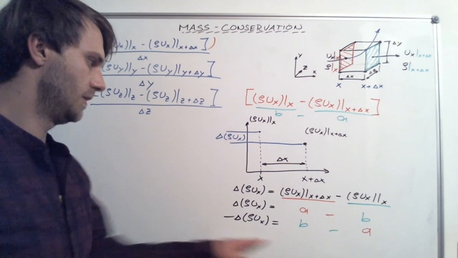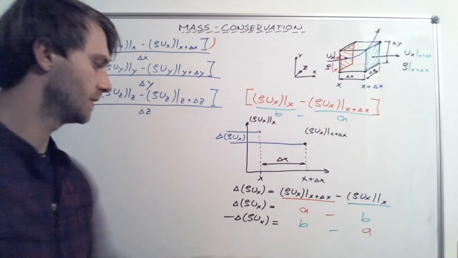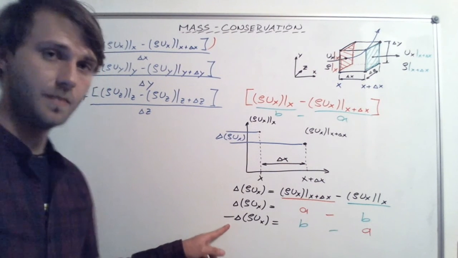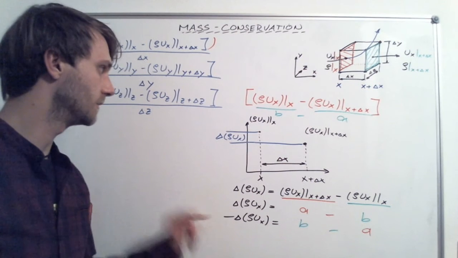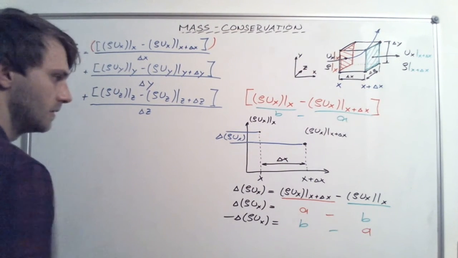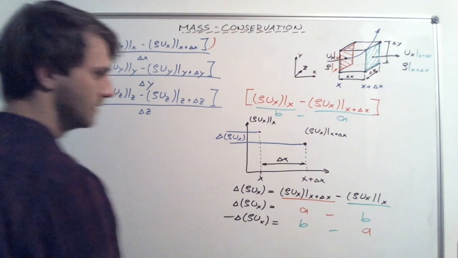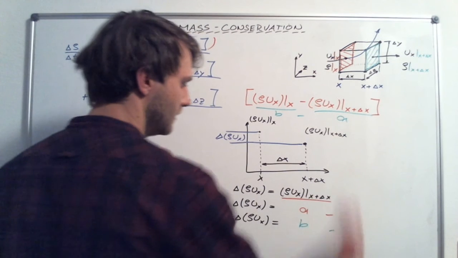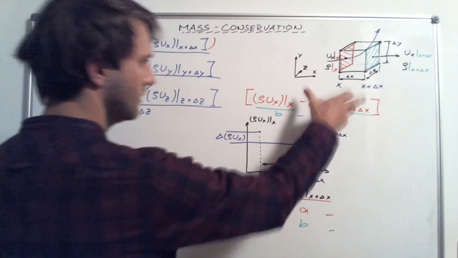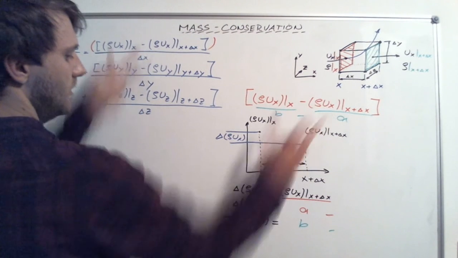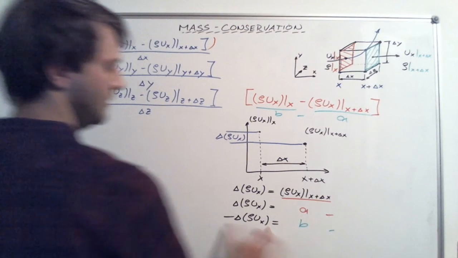What is the difference here? So now you know where the minus sign comes from, and this was the reason why I did it so clearly. So you see that this is similar, and this is finally this one.